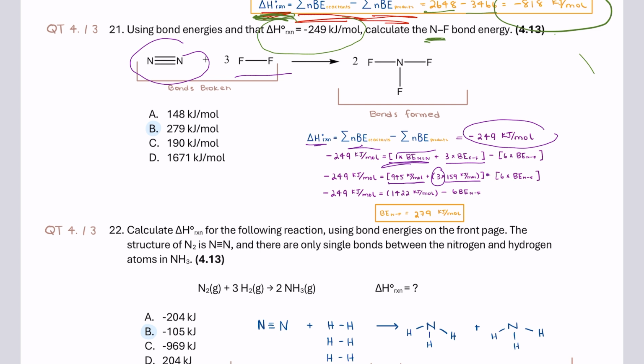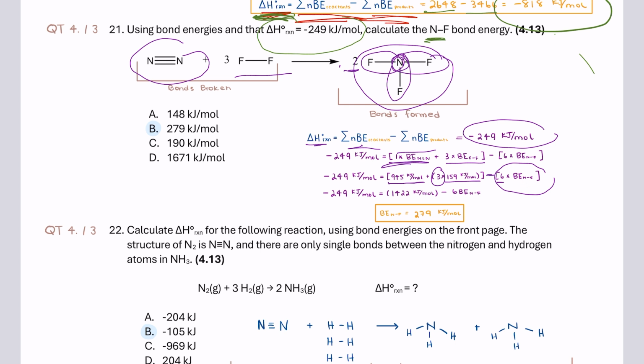Then we take the difference between the sum of those values and the energy required to form 2 moles of NF3. Nitrogen is single bonded to 3 fluorines, and since we have 2 moles of that, that's a total of 6 nitrogen-fluorine bonds.